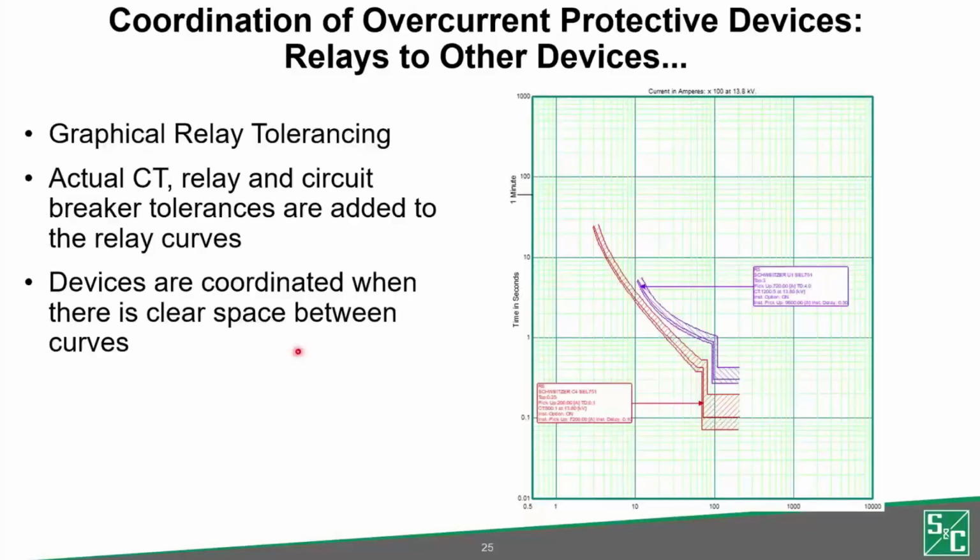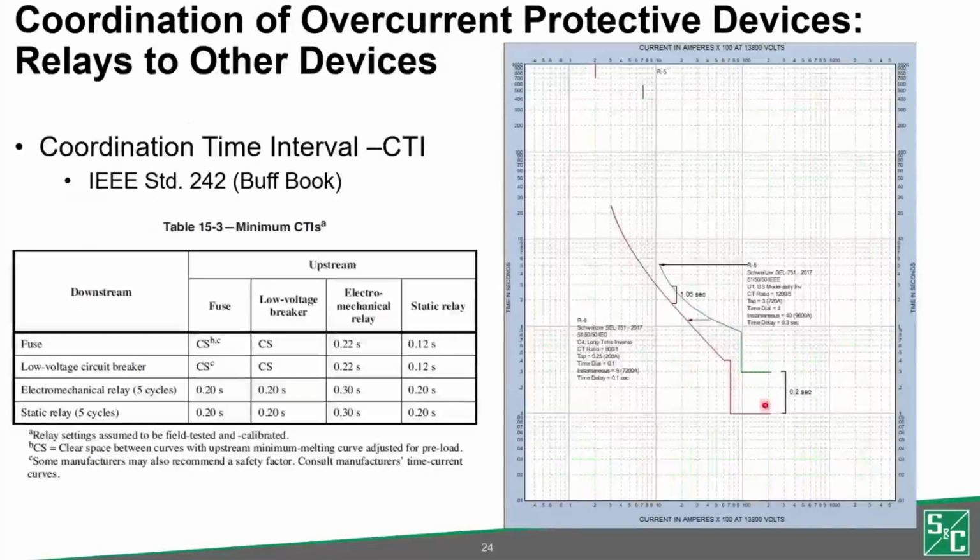There can be times where there are different tolerances between a time overcurrent or an instantaneous or definite time region, so you might have to look at the different relay tolerances straight out of the relay manuals. Now, here we're just looking for clear space between these two devices. These are the exact same two devices that were on this plot.